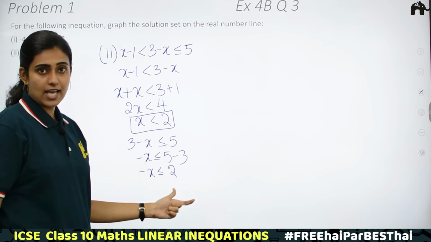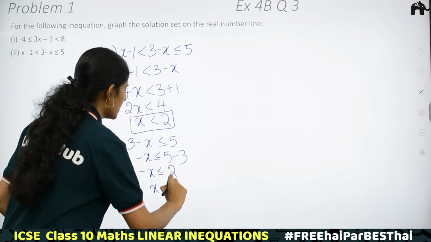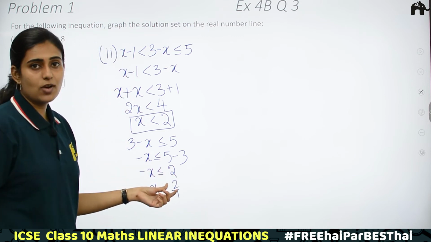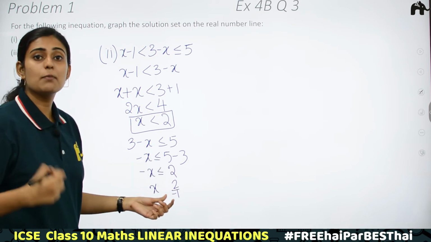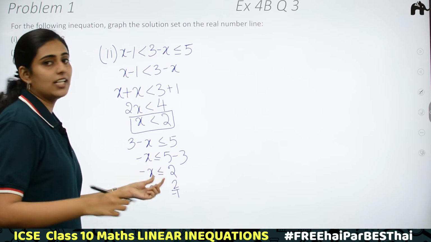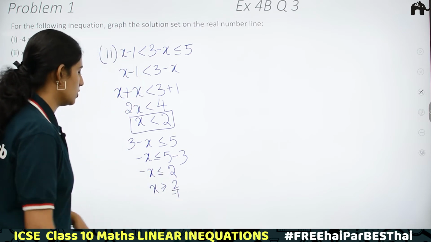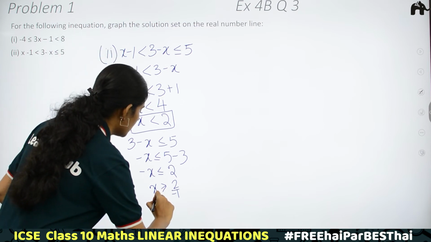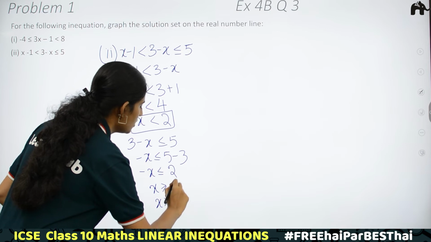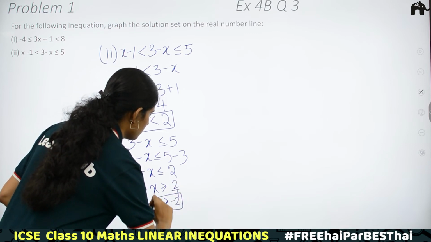Dividing on both sides with minus 1, you will be getting x 2 by minus 1. What about the inequality? Here we are dividing with minus 1, which means a negative number. The inequality should reverse. Less than or equal to becomes greater than or equal to. That is x greater than or equal to 2 by minus 1, minus 2. This is our second condition.